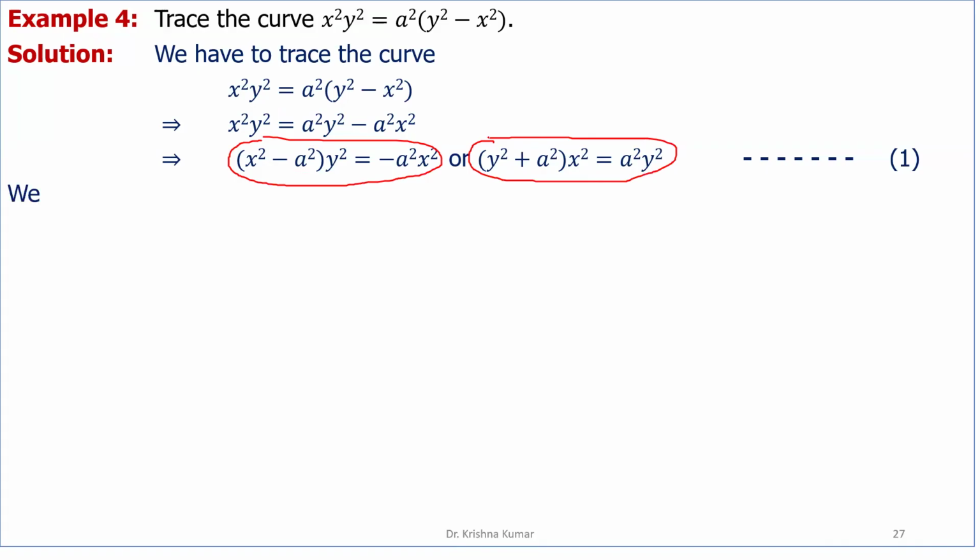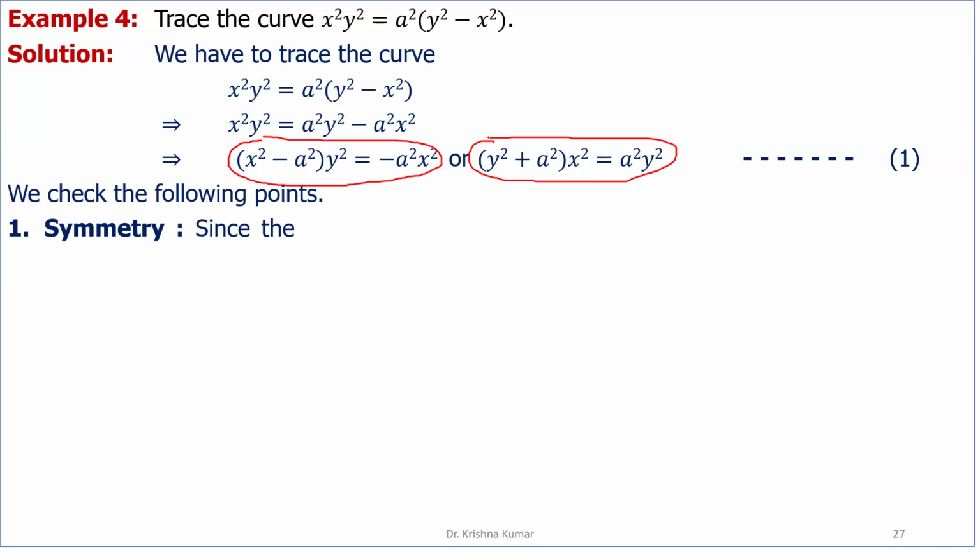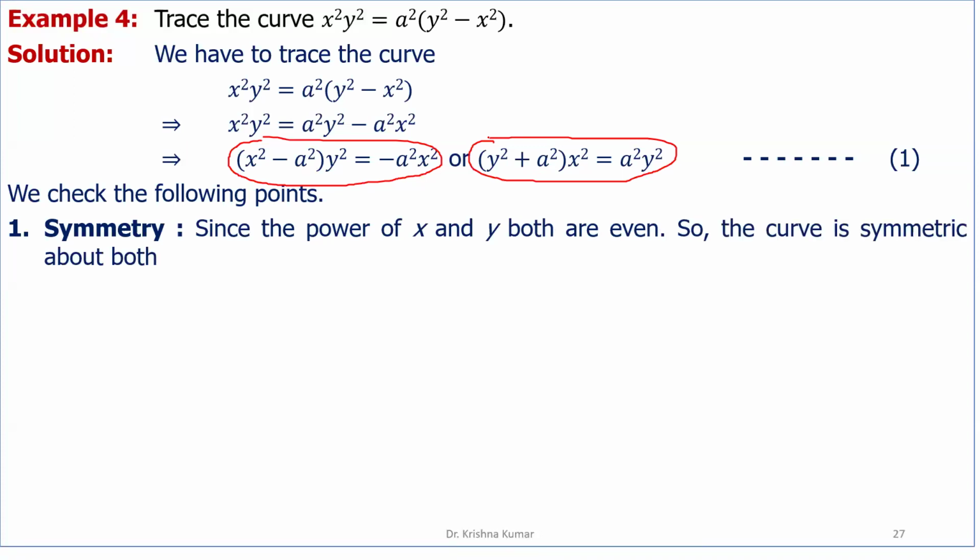Okay. Now, if you want to trace this curve, we need to check the following points. The point number one is about symmetry. Now, since the power of x and power of y both are even, the curve is symmetric about both the axes.